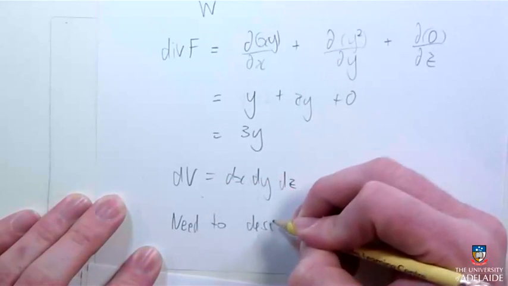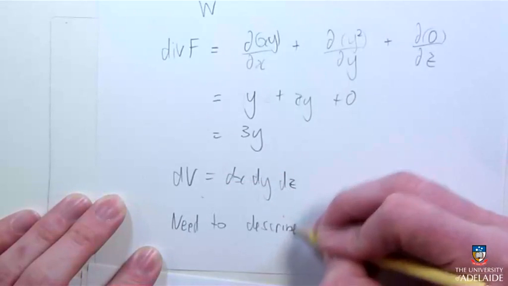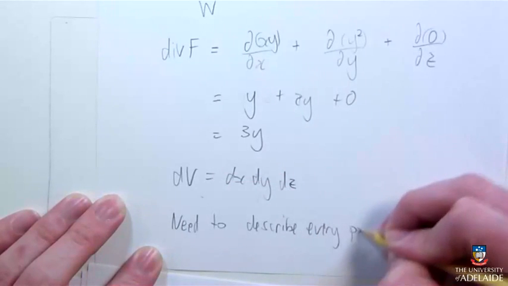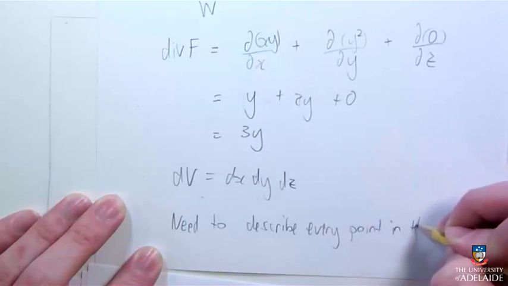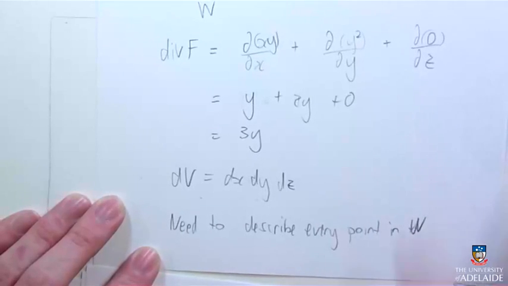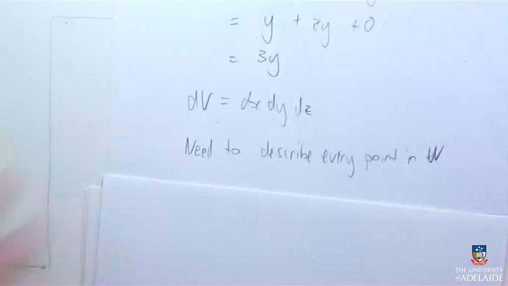Not surface, every point in my volume. Just the same as with my surface integral, I had to describe every point on the surface, and with my path integral, I had to describe every point on the path. With my volume integral, I have to describe every point in my volume.